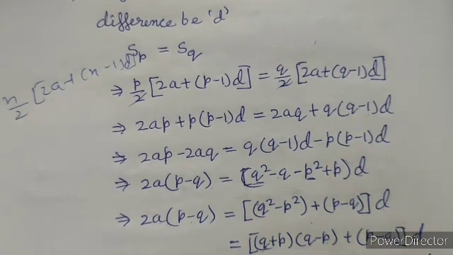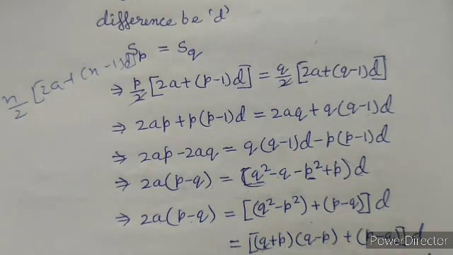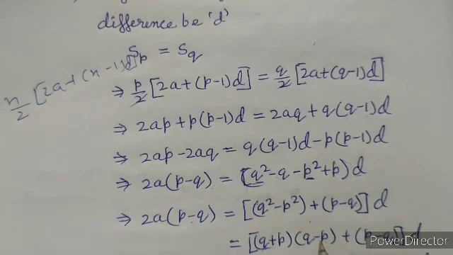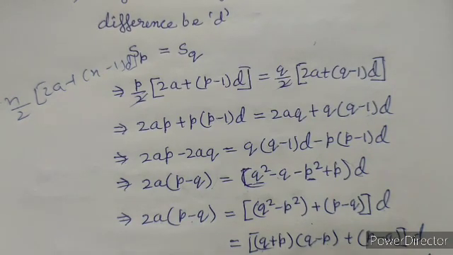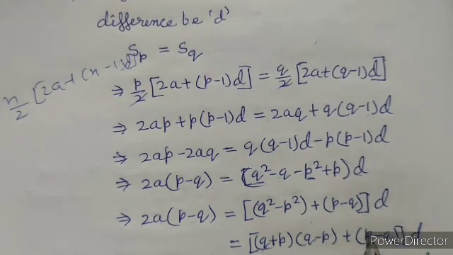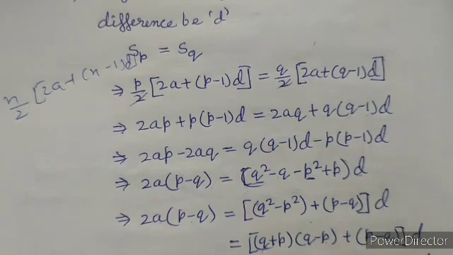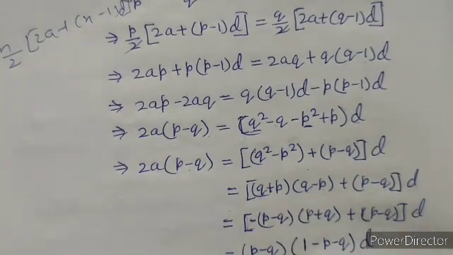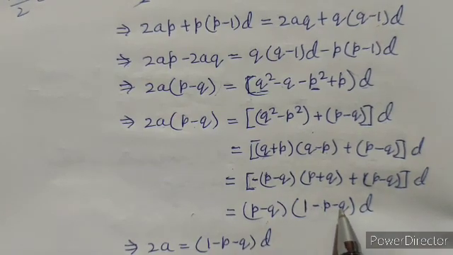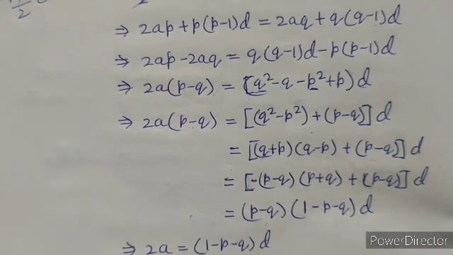Now again here, on taking minus 1 common from (q minus p), the right hand side will be equal to (p minus q) into (1 minus (p plus q)) into d.